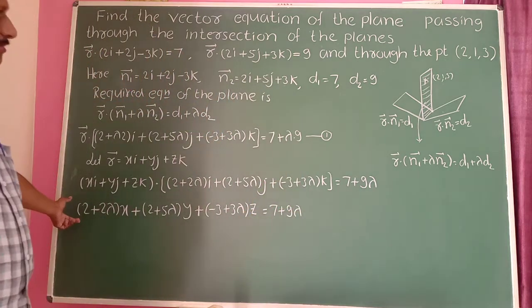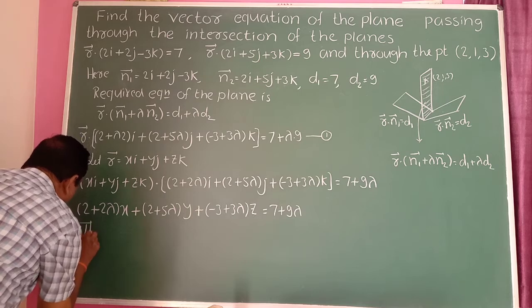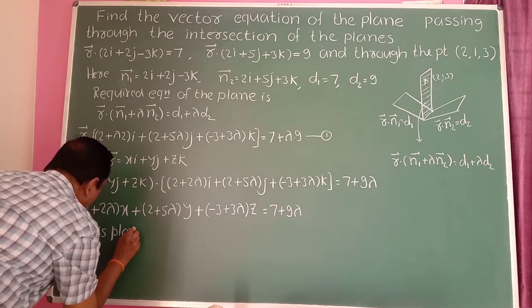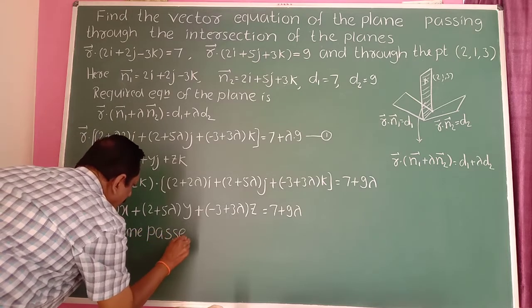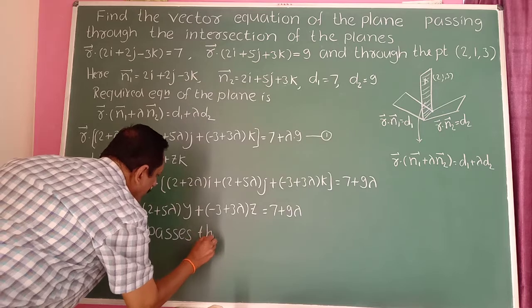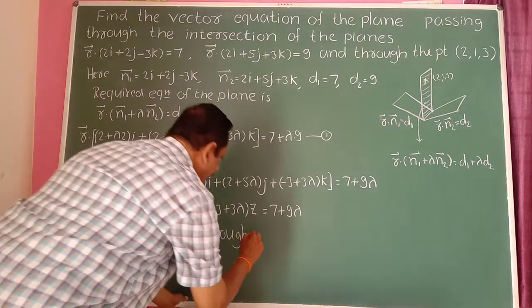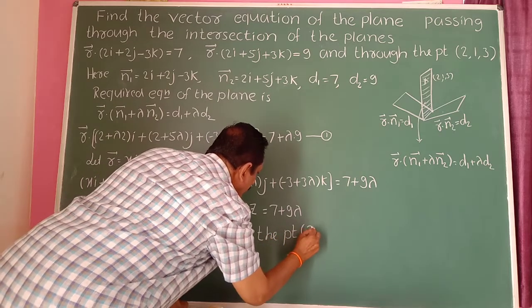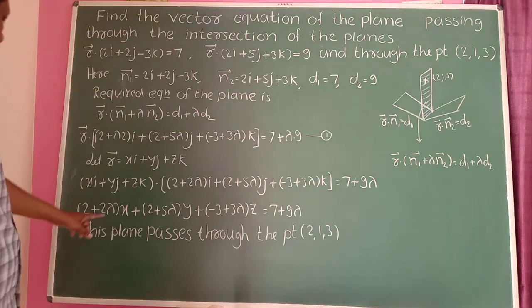This plane passes through the point (2, 1, 3), so put the x, y, z values here.